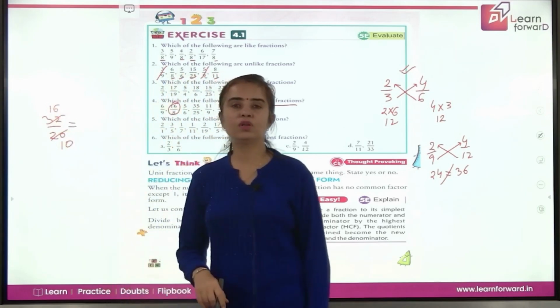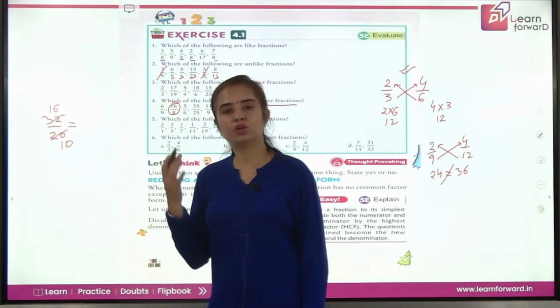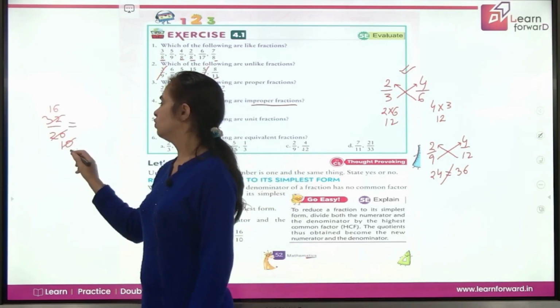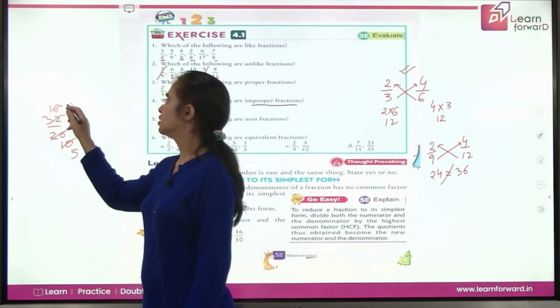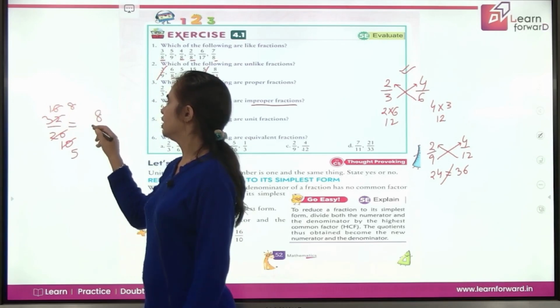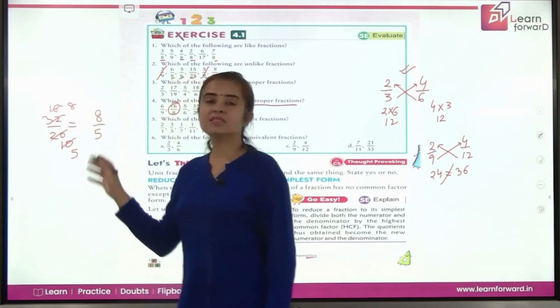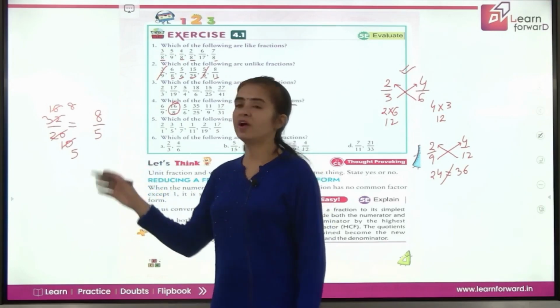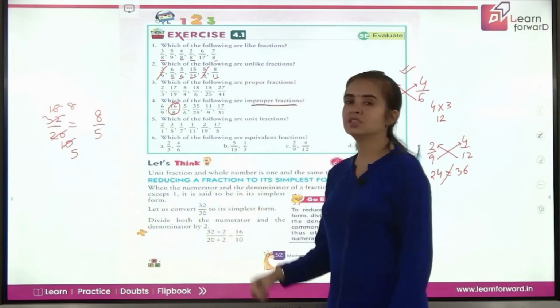Now again, 16 and 10 are both still divisible by 2. So you again divide by 2: 2 fives are 10, 2 eights are 16. So what you get is 8 upon 5. Now is there any common factor between 8 and 5? No. So 8 by 5 is your simplest form.